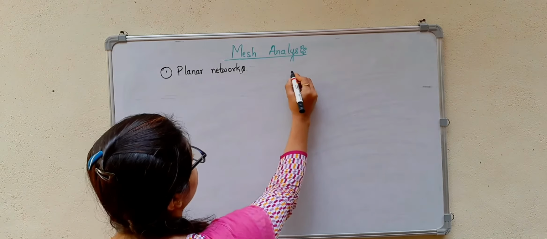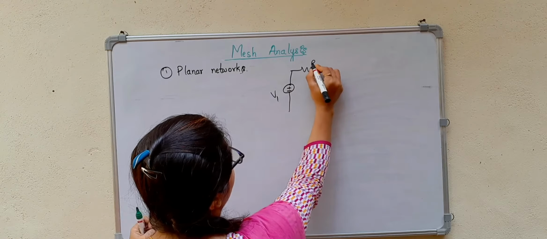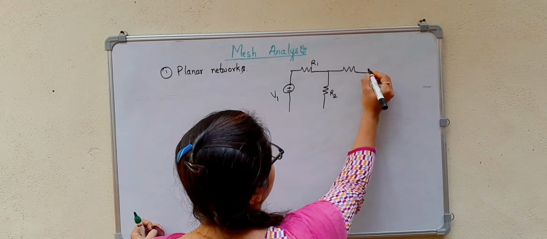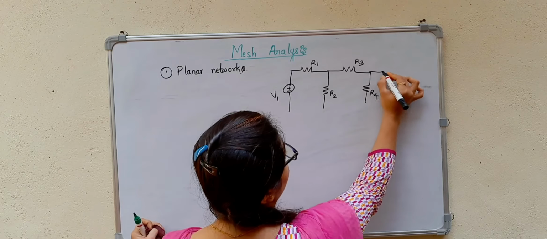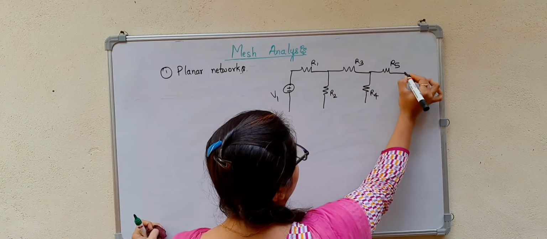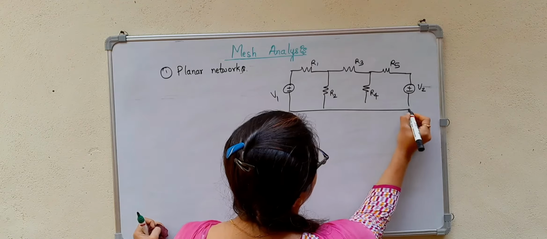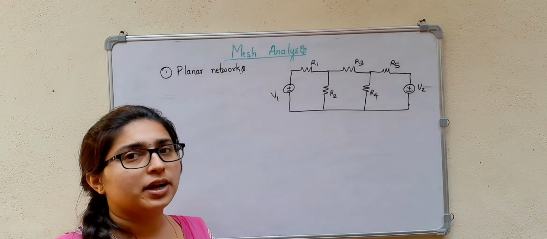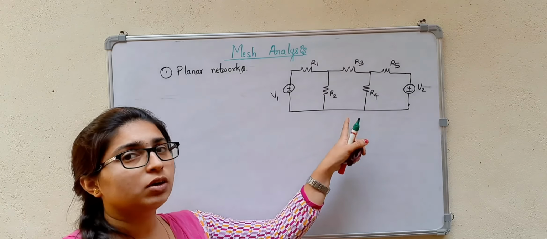Here we have a voltage source V1, resistor R1, this is R2, this is R3, this is R4, R5, and this is V2. This is a planar network because there are no crossover branches. So now we can apply the mesh current analysis method on this.